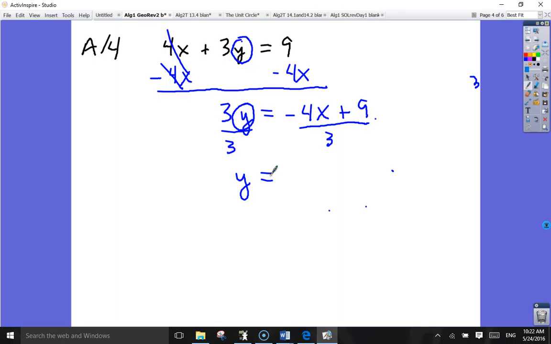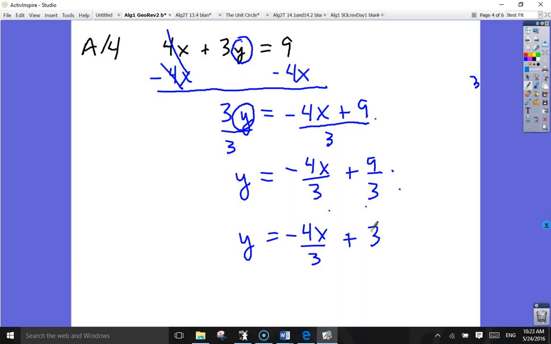So whether you write it as this step in between, in the end, you got to have it like this. Negative 4x over 3 plus 9 over 3. And that is negative 4x over 3 plus 3. Right, that was the number 4. So that's what you write down, but you need to show your work and get to that spot.